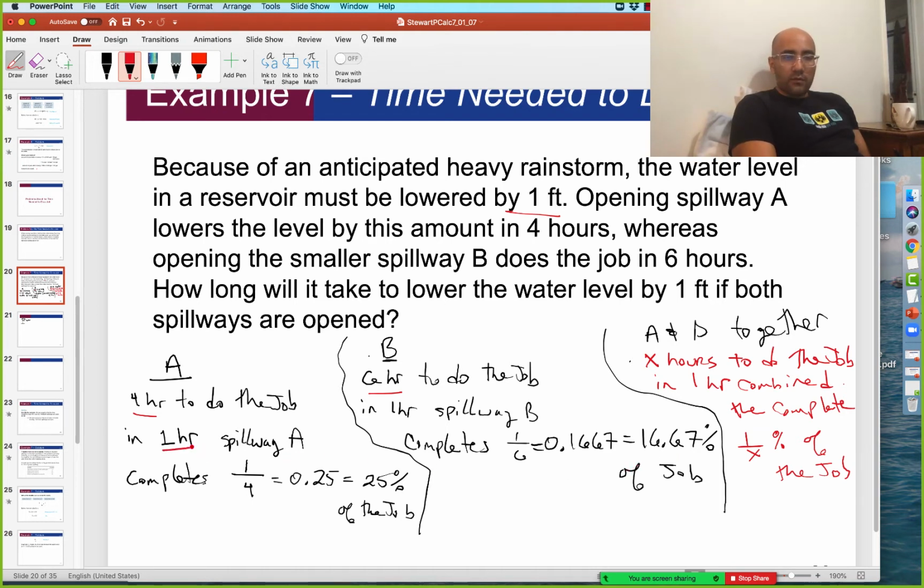In 1 hour, we complete this percentage of the job, and this percentage of the job, and in 1 hour we also complete this percentage combined. So we want to set up the equation that 1/4 plus 1/6 must be equal to 1 over X. Good. Questions?